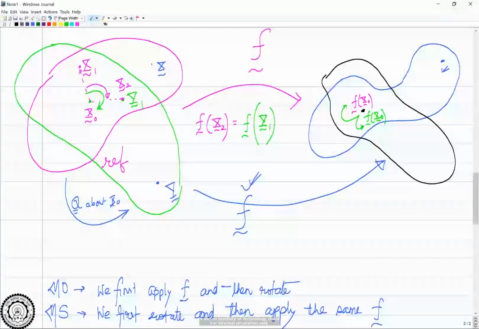But for a point big X1, big X1 may have come over here in the first process, but in the second process, big X1 has gone somewhere else. This is f of big X1 and this is f of big Y1.